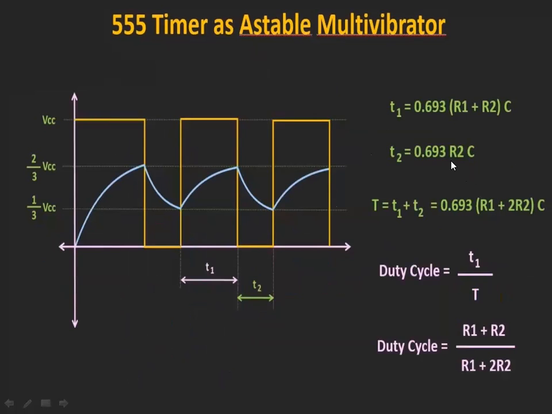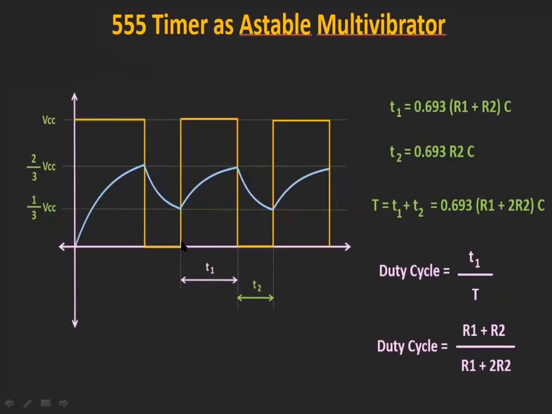From this we can easily observe that R1 plus R2 is a very high resistance when compared to R2. When resistance is high, the charging of the capacitor will be slow, so the capacitor charges slowly.